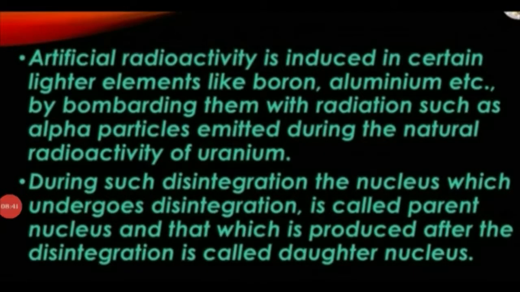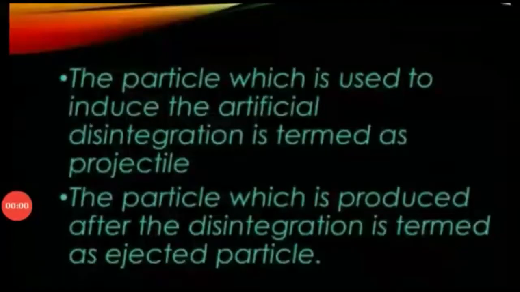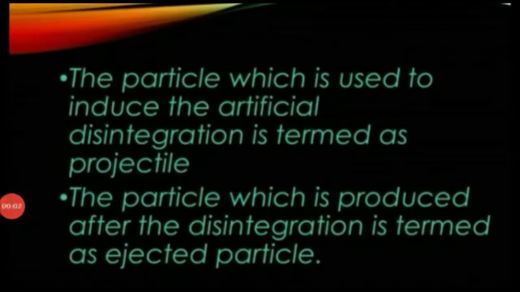This kind of radioactivity was discovered by Irene Curie and Joliot in the year 1934. The particle which is used to induce the artificial disintegration is termed the projectile. The particle which is ejected after the disintegration is termed the ejected particle.